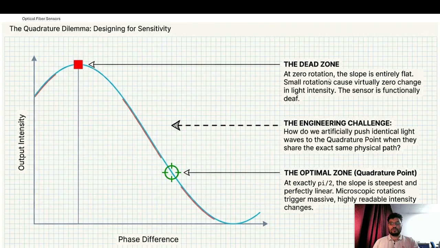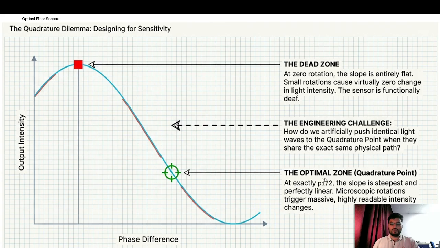At zero rotation the slope is entirely flat. Small rotation causes virtually zero change in light intensity. The sensor is functionally deaf. Second is the engineering challenge: how do we artificially push identical light waves to the quadrature point when they share the exact same physical path? So this is another engineering challenge.